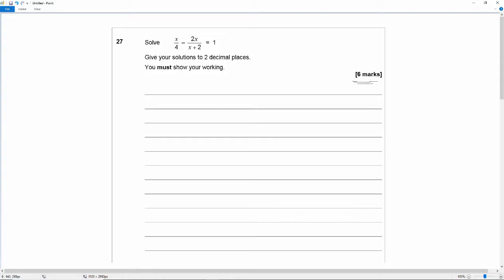So this is going to be x times x plus 2 minus the 2x times 4, so that's 8x, all divided by 4 times x plus 2.